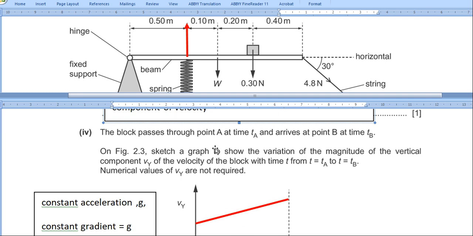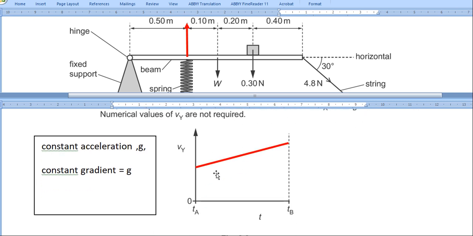The block passes point A at time Ta and arrives at point B at time Tb. On figure 2.3, sketch a graph to show the variation of the magnitude of the vertical component Vy of the velocity with time from Ta to Tb. Numerical values are not required.